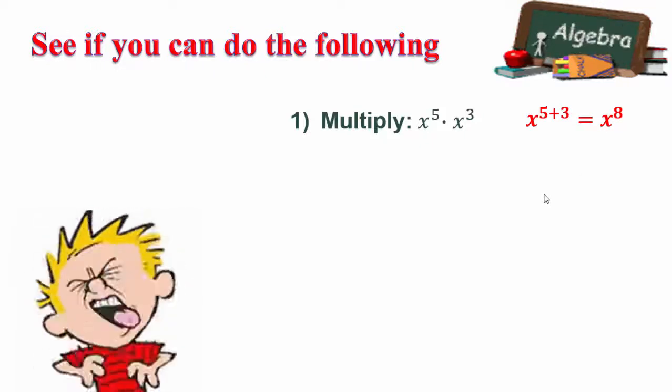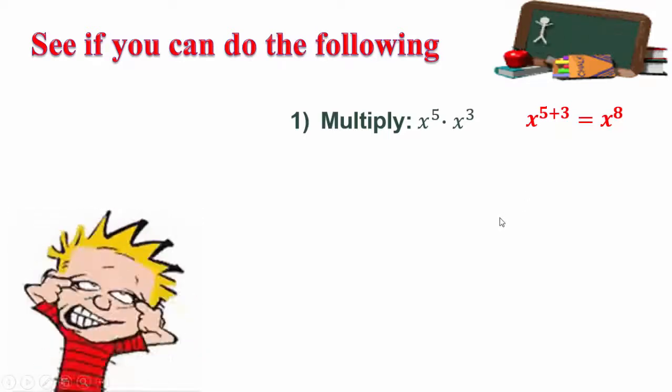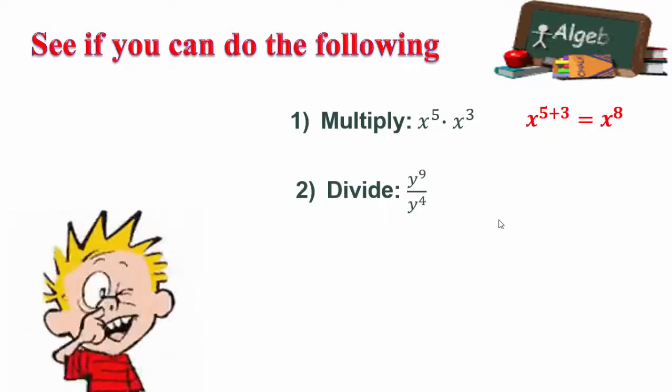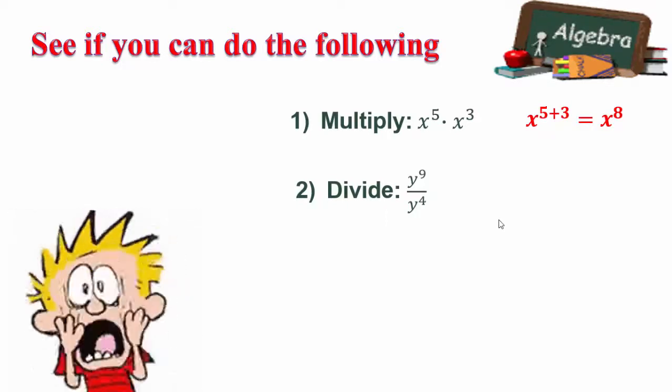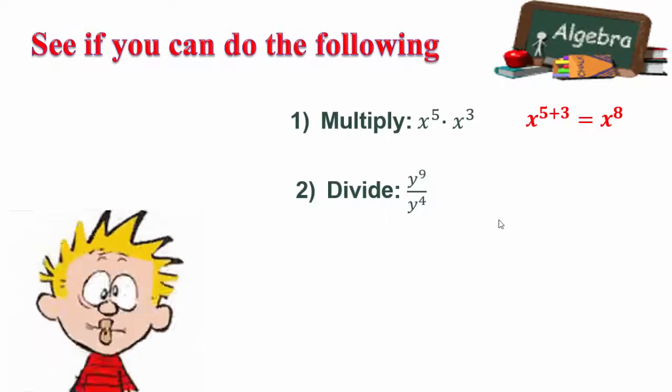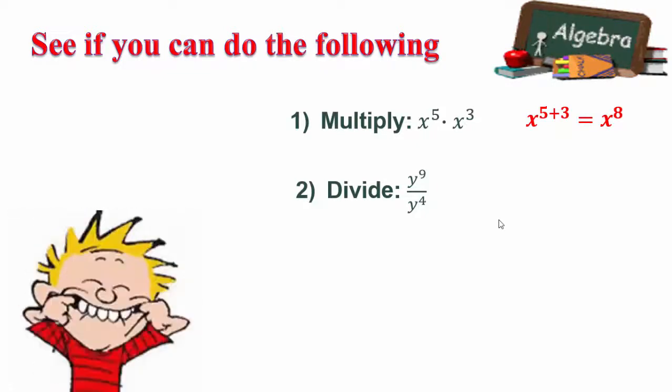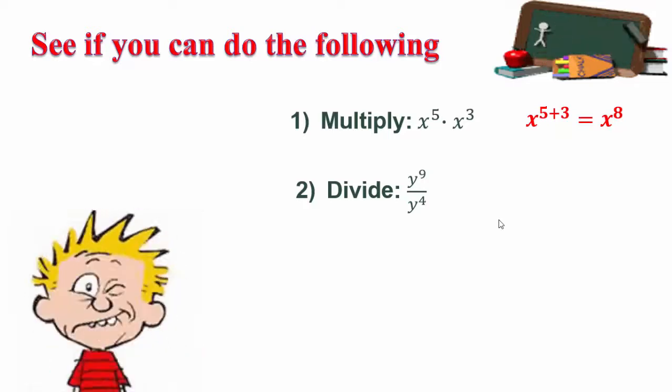Now see if you have learned or remember how to do division. If we divide y to the ninth divided by y to the fourth, just see if you can do it or remember how to do it.